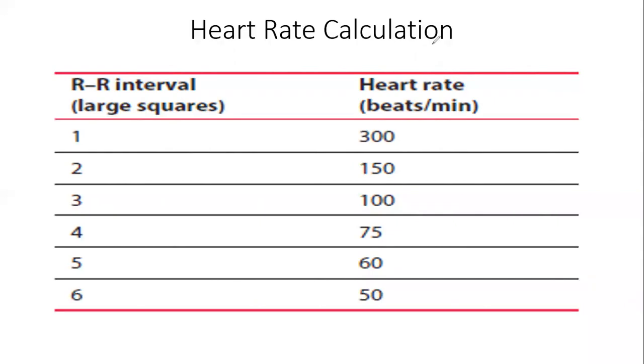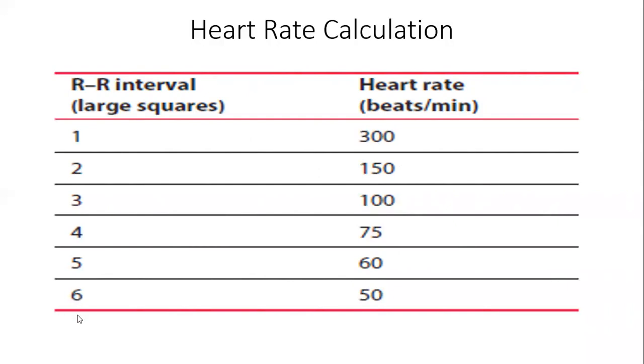If there's only one big square between your R waves, it gives you a heart rate of 300. If you have 2 squares in between your R waves, it gives you a heart rate of 150, and so on. So it's either you memorize all these numbers, or I show you how we get to those numbers, and then you won't have a problem.